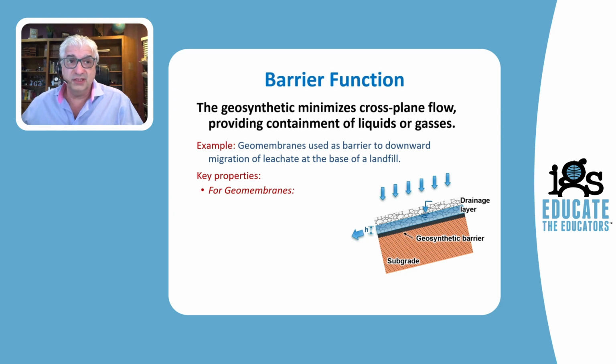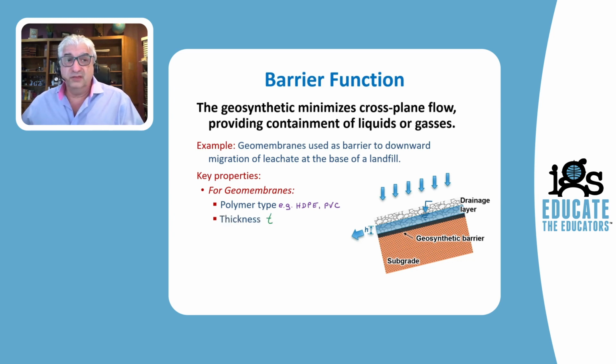For geomembranes, it will be particularly relevant the polymer type. If it is an HDPE, high-density polyethylene, or a PVC, polyvinyl chloride, they will have different characteristics, different advantages, and different disadvantages. It will be a very important aspect in the evaluation of the long-term performance of geosynthetic barrier for a given project.